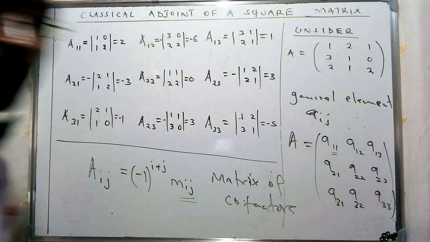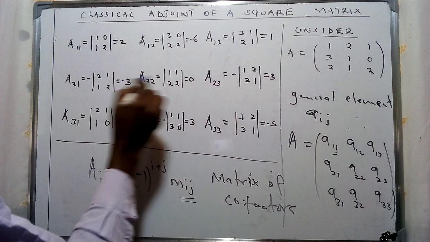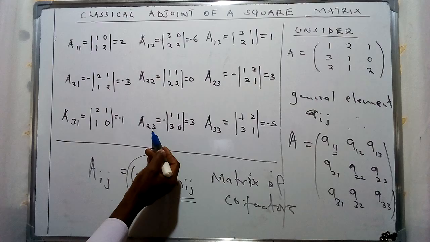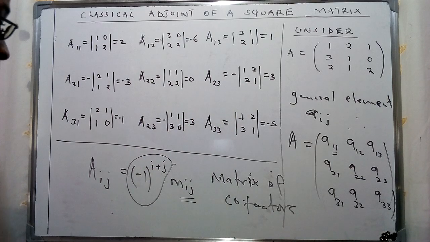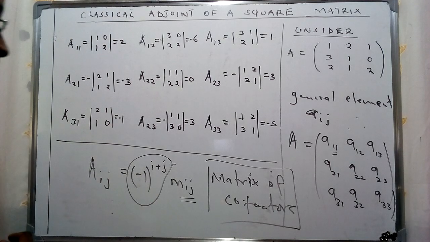In these evaluations, there is an element of negative 1 raised to the sum of the representation for columns and rows. And these are going to give us what we refer to as a matrix of cofactors.